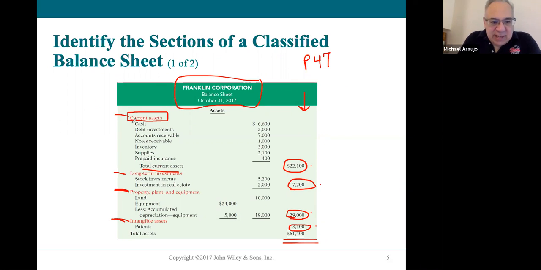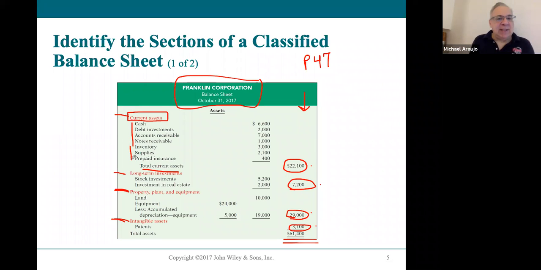Liquidity order means that it's cash, or it's going to be turned into cash very soon. Okay, within 1 year, certainly within a cycle, but mostly a lot sooner than that. The next way of classifying current assets is that after we use them, we'll be using them quickly, we can expense them that same month, that same quarter, that same year.